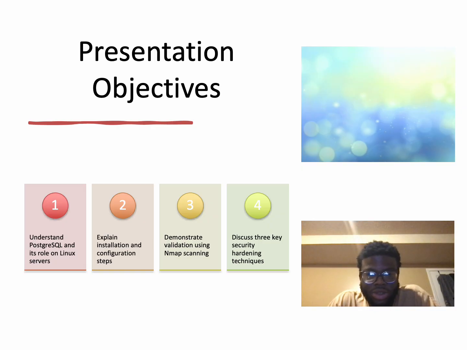Three, we're going to demonstrate validation using nmap scanning. So once it's installed and configured, we're going to see how to validate it using nmap scanning. And four, we're going to discuss three key security hardening techniques for PostgreSQL. So I'll begin.